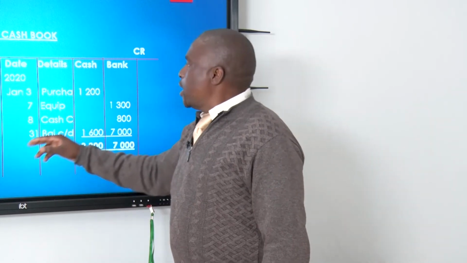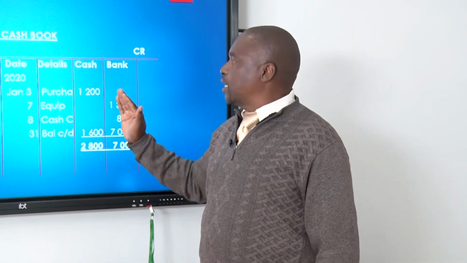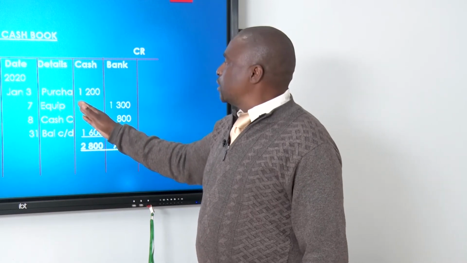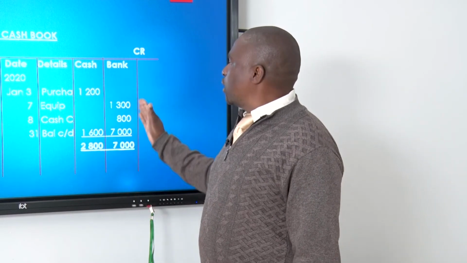As he is paying by check, we record in the bank column. And then, before I go to this contra end, let's look at the purchases. Purchases, as we have said, in the single column, it is a payment. It was a cash payment. We record it under cash. The equipment which was bought on the 7th of January, we record it under bank. Right.